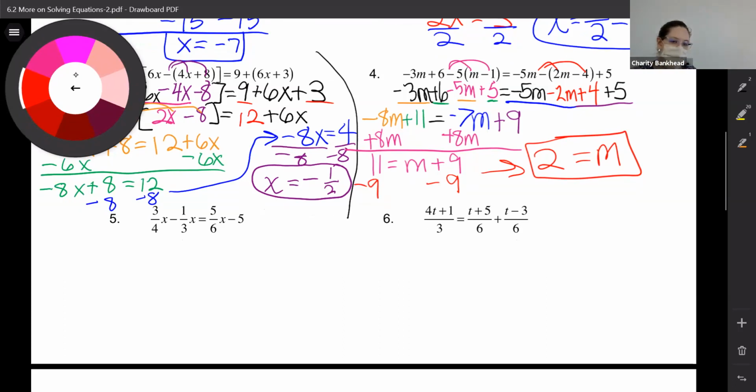Number 5. So number 5 has a bunch of fractions on it. So whenever I have an equation that has a bunch of fractions on it, what I would like to do is start by clearing that fraction out. And I can do that by, first we got to find the LCD for all of those fractions.